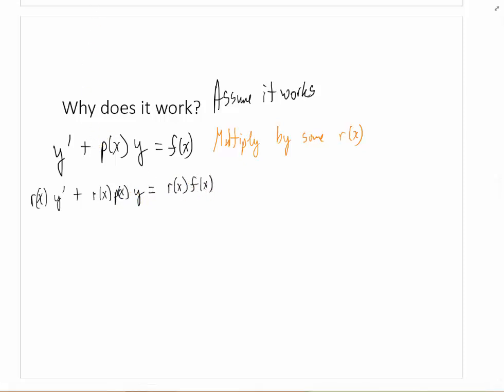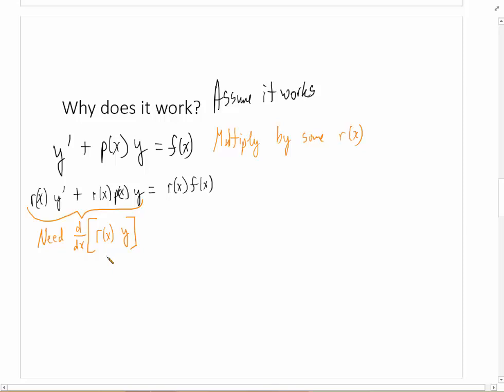Now we've seen the method work, and we saw, okay, if it works, then I need this left-hand side to be a derivative with respect to x of some r of x, whatever that r of x is, times y. I need that to work.